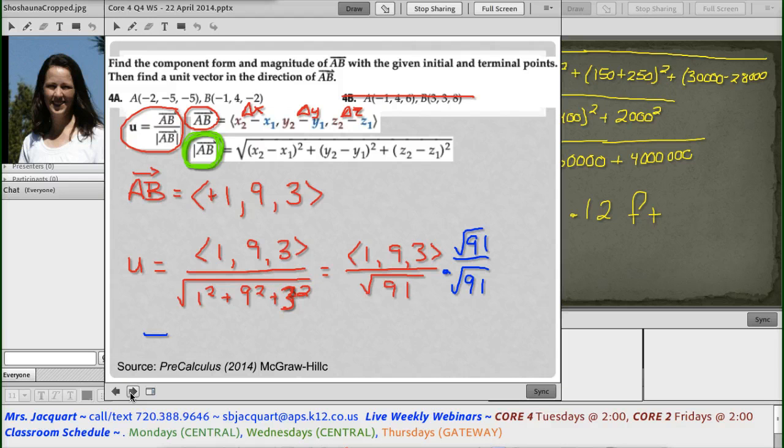Our unit vector will equal square root 91 over 91, comma, 9 square root 91 over 91, comma, 3 square root 91 over 91. Cool.